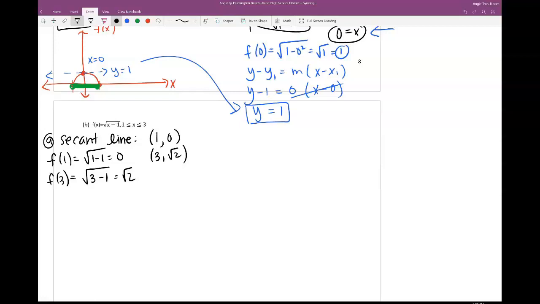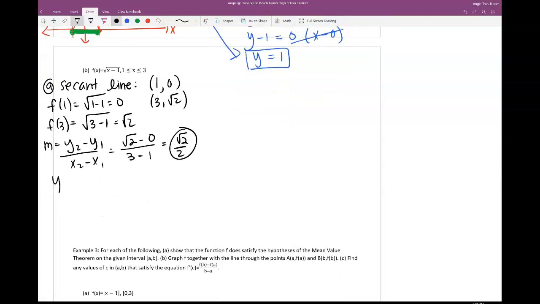I have 2 points, I can definitely find the slope. Slope is y2 minus y1 all over x2 minus x1. y2 is radical 2 minus 0 over 3 minus 1. I'm going on, my brain is kind of going ahead of me. So, all right, this is rad 2 over 2. So this is my slope. Right? So I now can write y minus y1 equals m times x minus x1.